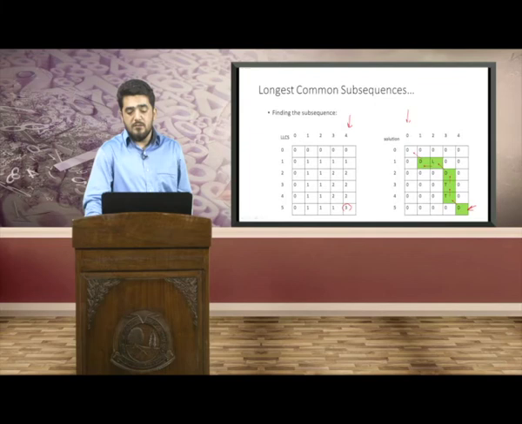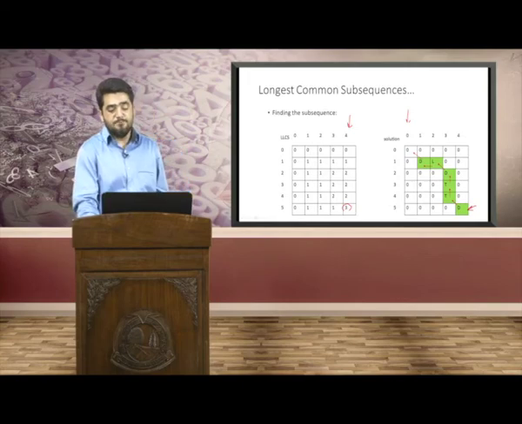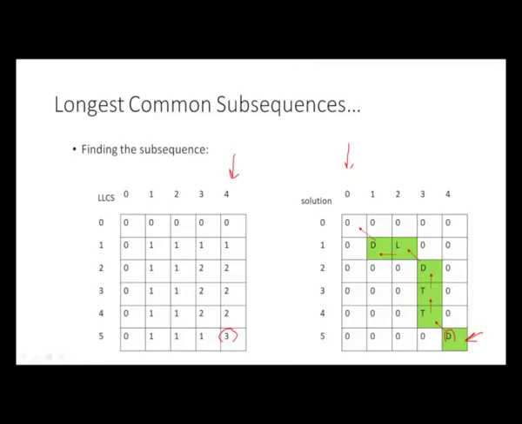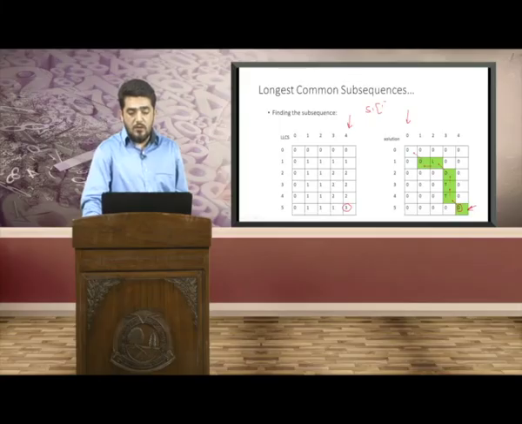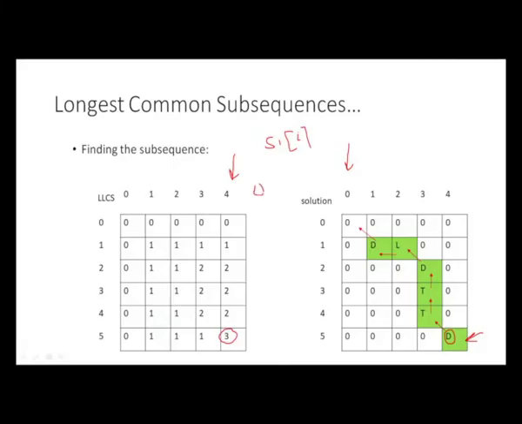Now we scan the last element in our solution array, and we see that it is d. It means we have to move diagonally. Since it is d, we'll also display S1 of i or S2 of j. If solution of 4, 5 is d, then it is obvious that S1 of 4 minus 1, which is 3, is equal to S2 of 5 minus 1, which is 4.